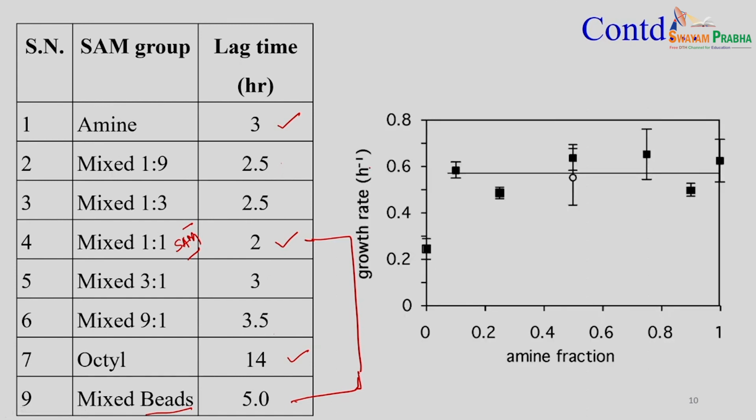Similarly, we also calculated the growth rate, and the growth rate was found to be independent of surface. It says that different surface functional groups or different surfaces regulate or control the adsorption behavior, which is ultimately reflected in terms of lag time.